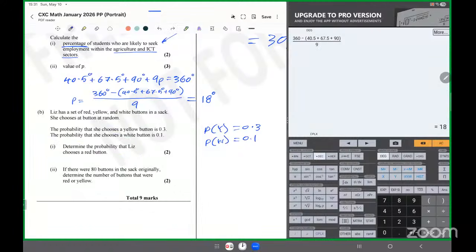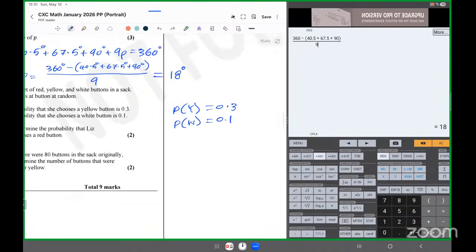Now, remember, the total probability has to be 1, guys. Probability cannot go beyond 0 and 1. So the total of all the possibilities in the sample space must be 1. Since the probability of getting a yellow is 0.3 and the probability of getting a white is 0.1, that's 0.4 gone so far. So, since the total probability must be 1, the probability of getting a red must be 0.6.